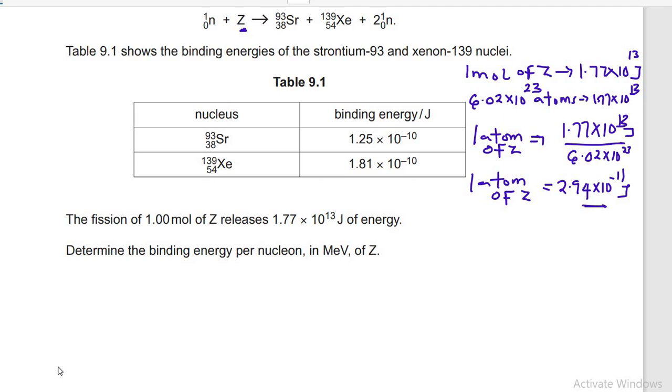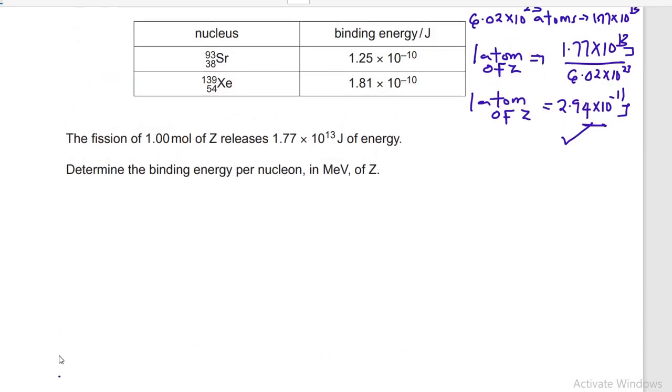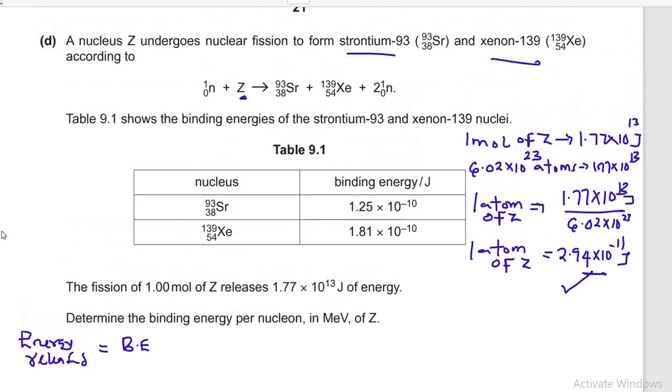So the question said the fission of 1 mole of Z releases this energy, so for 1 atom of Z, this is the energy released. Determine the energy per nucleon. To get that, the formula for energy release is always based on binding energy.